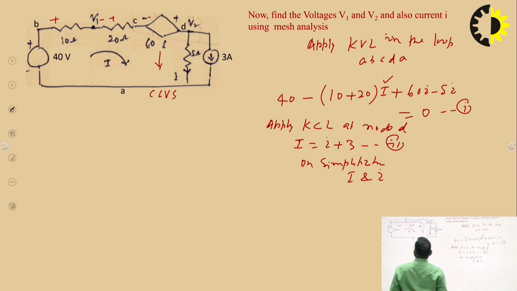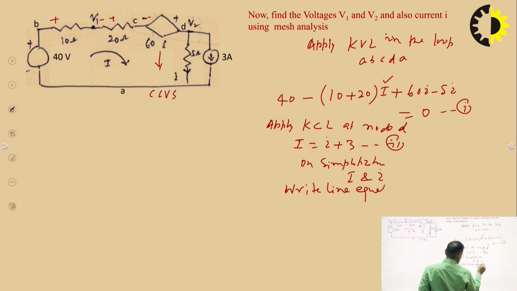We write the line equation, A to B, so it is 40 minus 10I equal to V1.